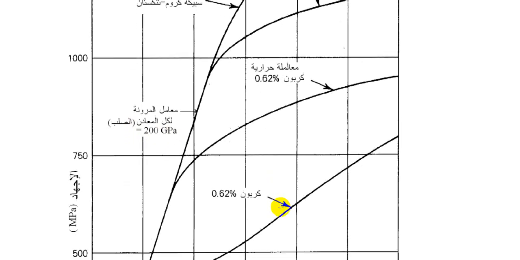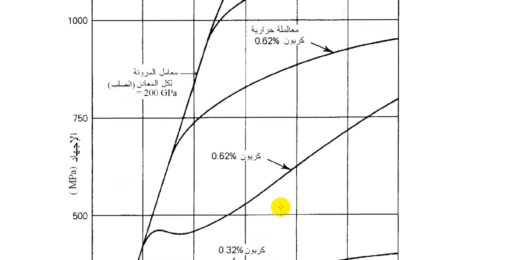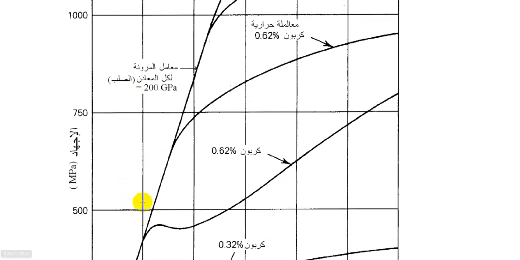This is the main curve of the stress strain diagrams for a variety of steel alloys that are pretty much differentiated in carbon content, as you can see in the gridded scheme in front of you.